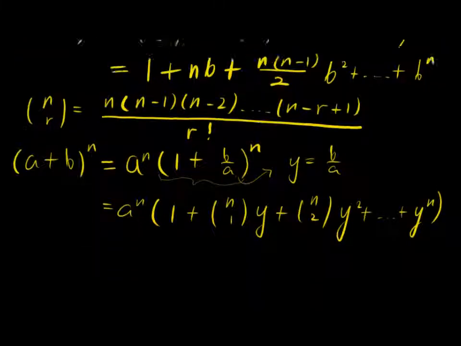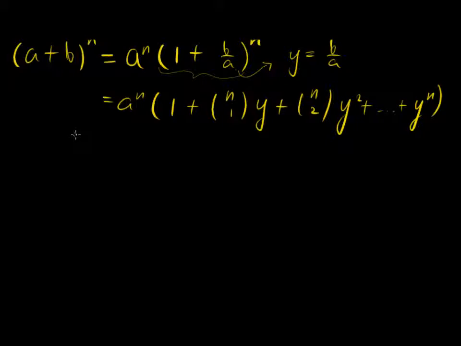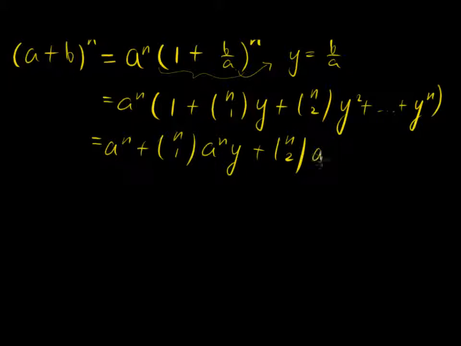The next step would be to bring the a to the power of n factor into the bracket. So we get a to the power of n plus nC1 a to the power of n times y plus nC2 a to the power of n times y squared plus all the way to a to the power of n times y to the power of n.